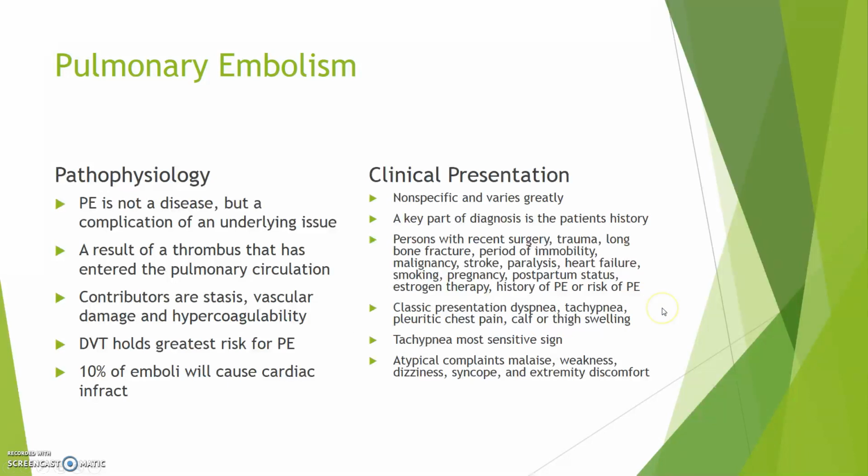So knowing those groups and those profiles, classic clinical presentations are shortness of breath, rapid breathing, pleuritic chest pain, and calf or thigh swelling. Tachypnea is the most sensitive sign. Atypical complaints of malaise, weakness, dizziness, syncope, and extremity discomfort might be offered by the patient.